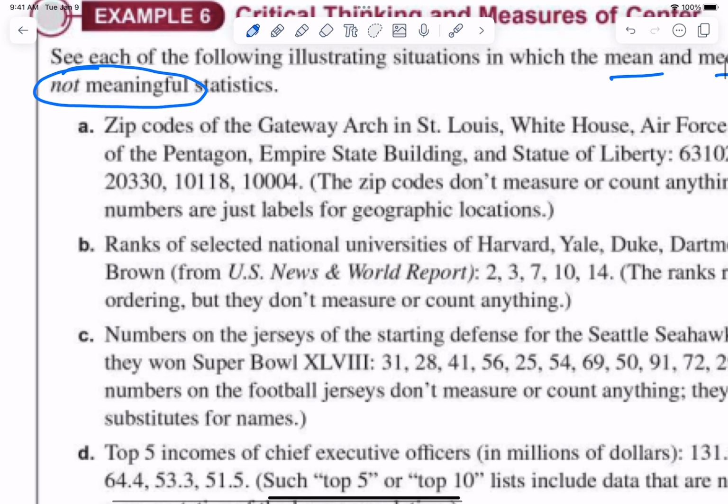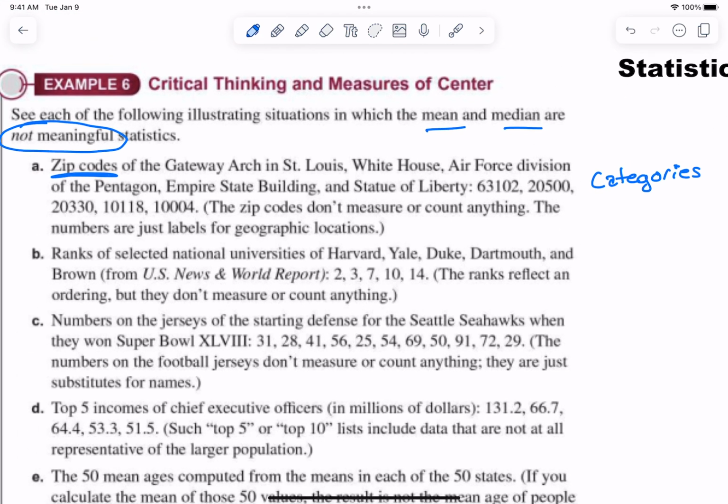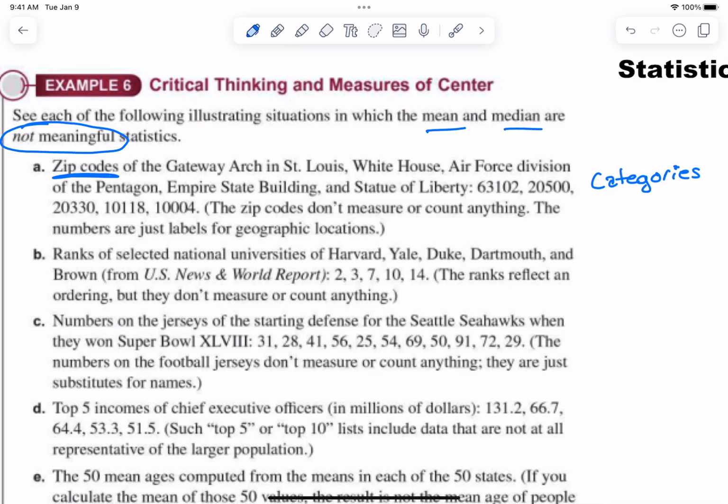So here, when we talk about zip codes and we find the average zip code, what would the average zip code tell you? Nothing. Right? Zip codes are more categorical data, right? These are categories, so it doesn't do anything for me to average them or to find the middle number for a zip code. Same thing with ranks of selected national universities like Harvard, Yale, Duke, Dartmouth, any of those.